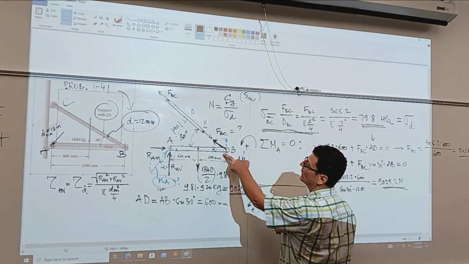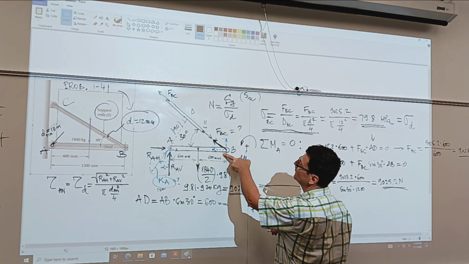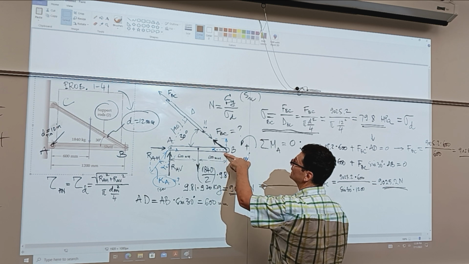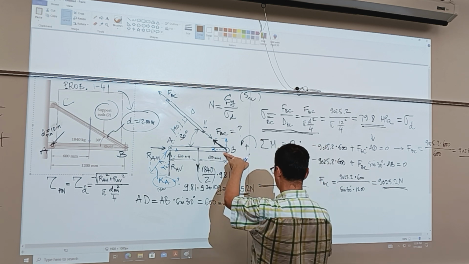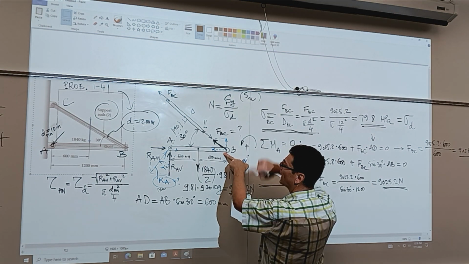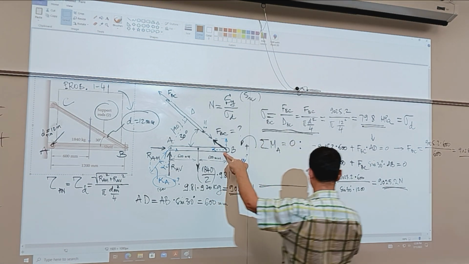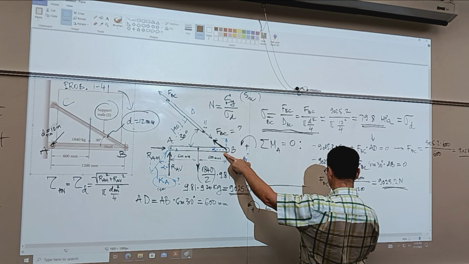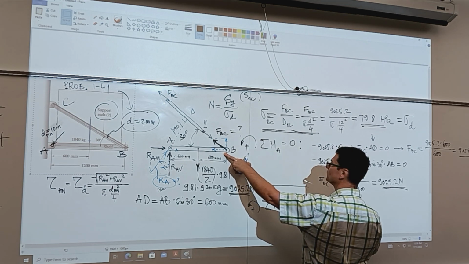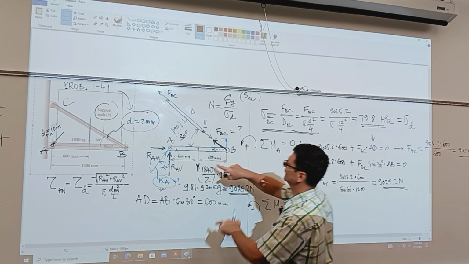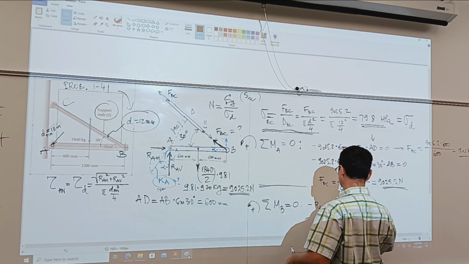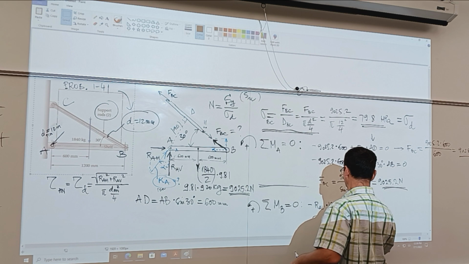Okay, so what do I write? FB does not carry any moment because its arm is 0. So I'm saying negative RAV times the full length, 1200 millimeters.